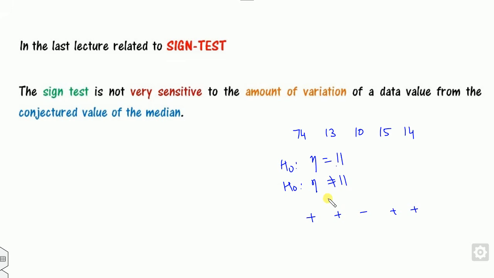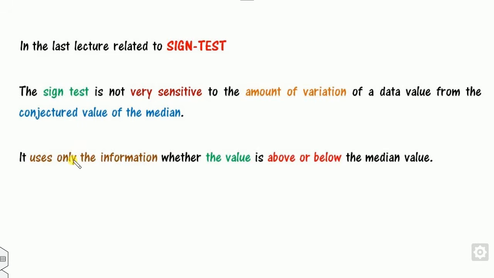That is the most important drawback of the sign test: it is not very sensitive to the amount of variation. The deviation of 14 from 11 is plus 3, here it is plus 4, and here minus 3, but the test is completely independent of them.